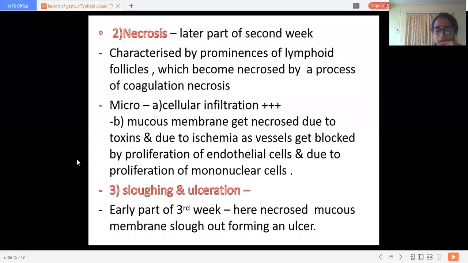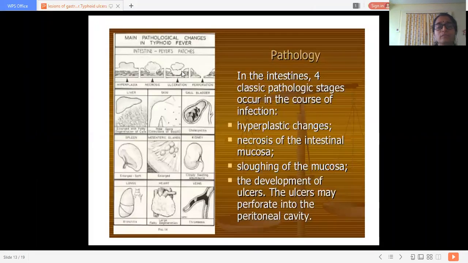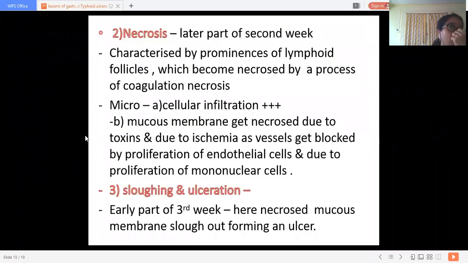In this diagram, we have seen that this particular region gets detached. So it is nothing but the slough. It gets detached from this cup of the ulcer, and this area gets sloughed. The inflammatory discharges, toxins, and cellular debris get thrown out of the body.